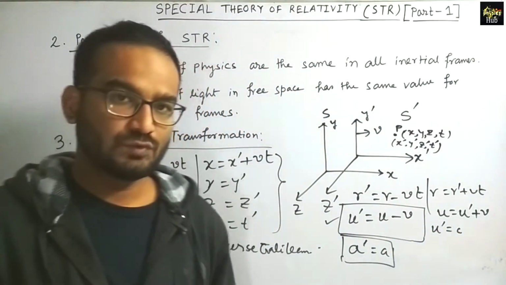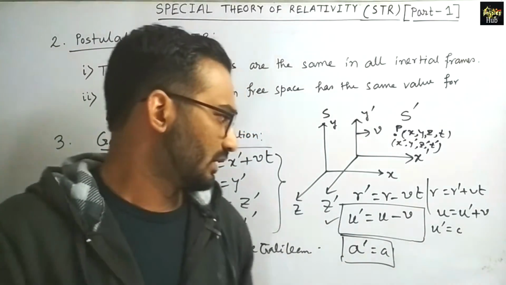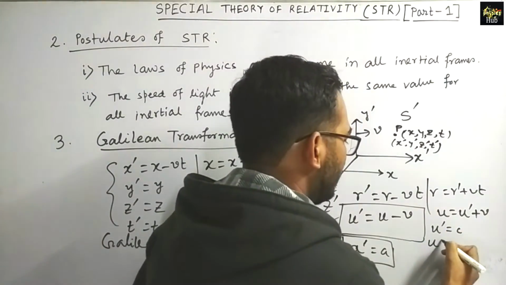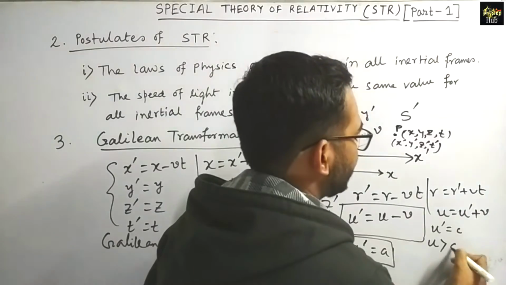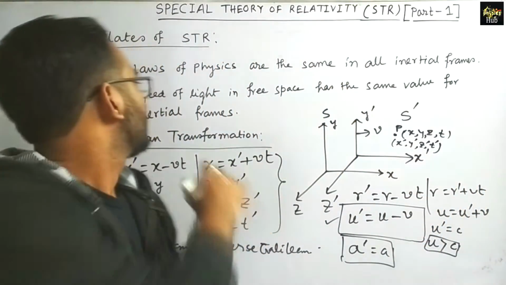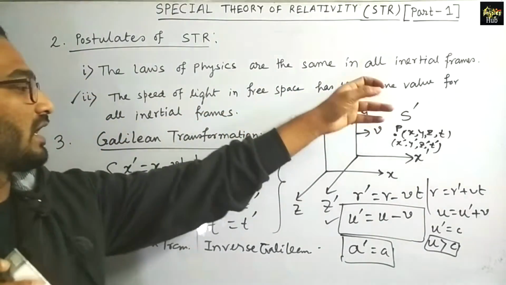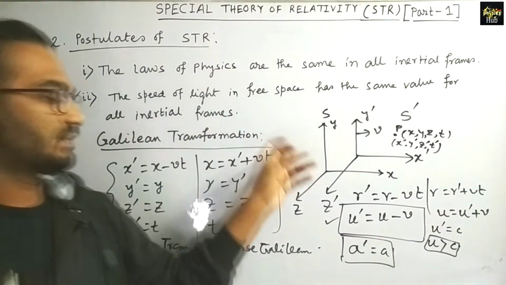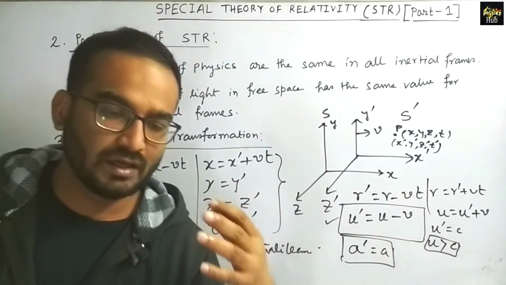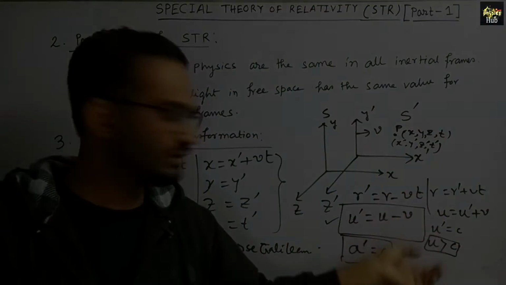If some particle is moving with a relativistic velocity, let's say the velocity of light, then if we choose u prime equals c, then u becomes greater than c. But as you know, from the second postulate of special theory of relativity, the speed of light in free space has the same value for all inertial frames, but we see that it doesn't hold here. That's why we need another transformation to tackle this situation.